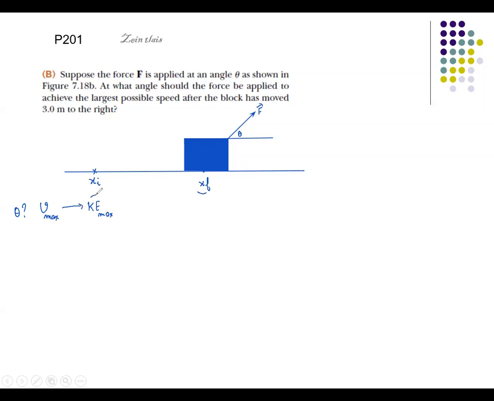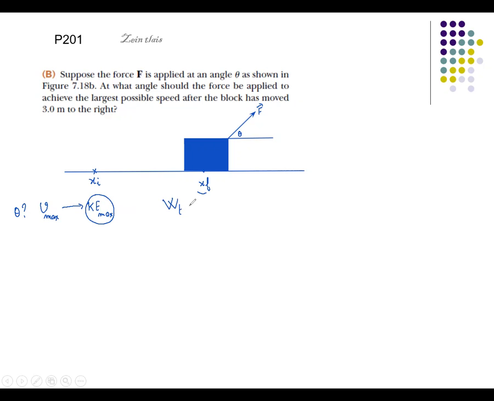Let's calculate the kinetic energy, and we will see later how we can get the maximum kinetic energy and calculate theta. In order to calculate the kinetic energy, we can use the work-kinetic energy theorem.